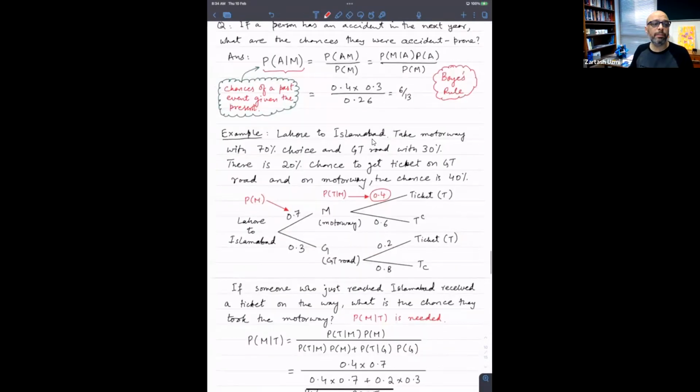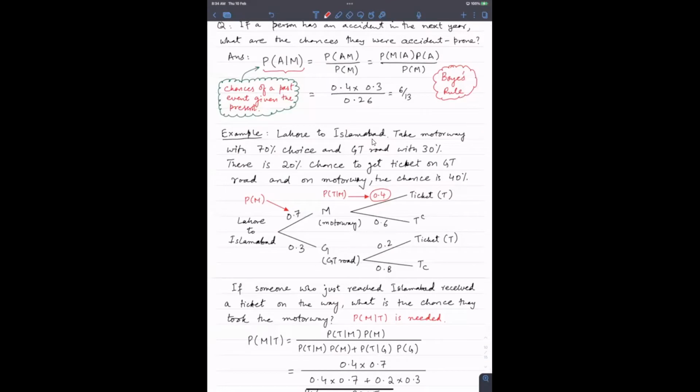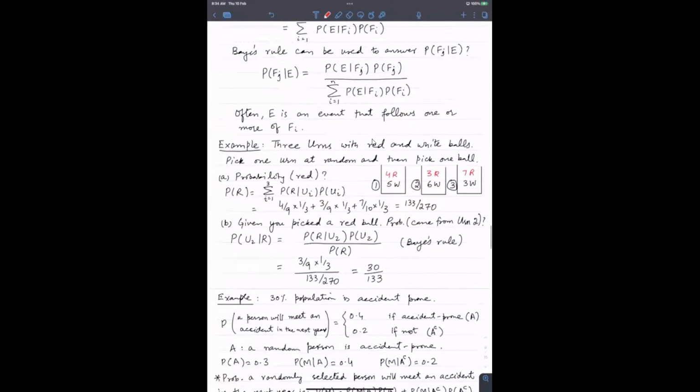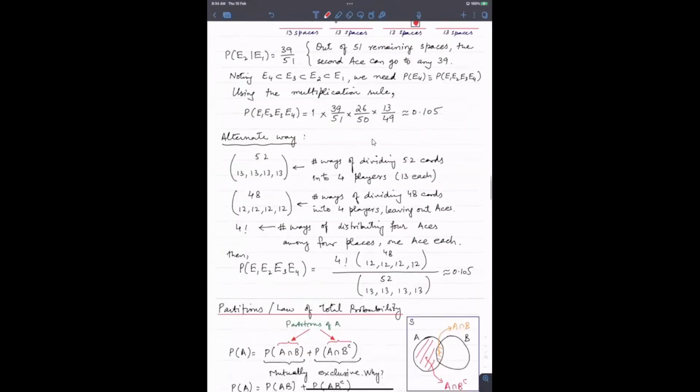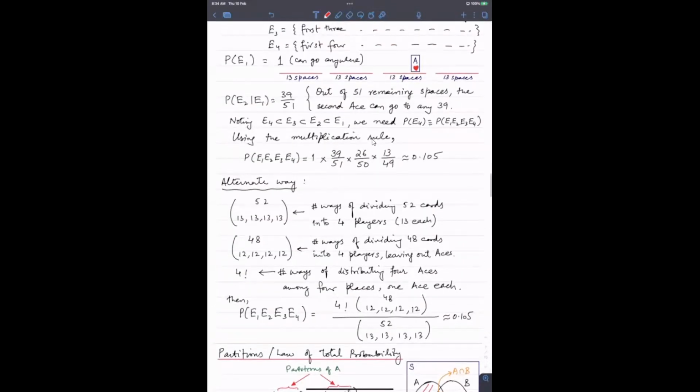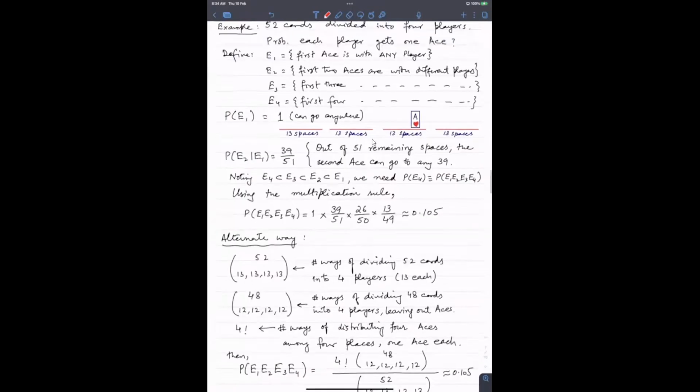Yes, go ahead and ask your question please, Nida. We did the example in the lecture of the 52 cards, and we wanted to find the probability, we were doing it in steps, but then the part where we were doing the second ace goes to somebody other than the first person.